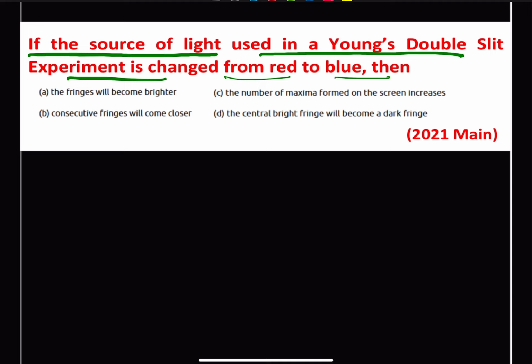And we know that the wavelength is changed from red to blue.